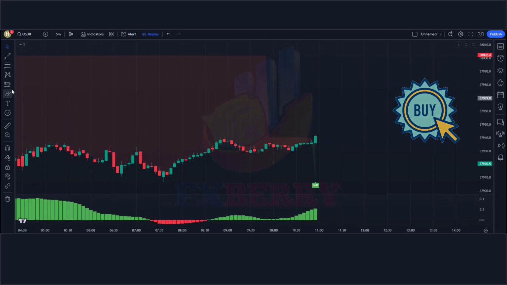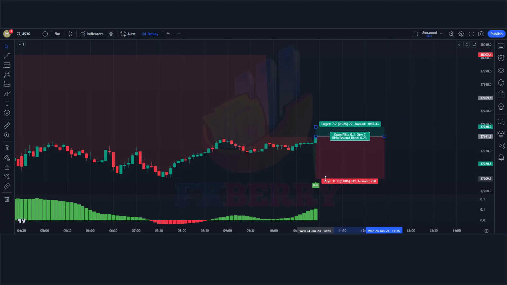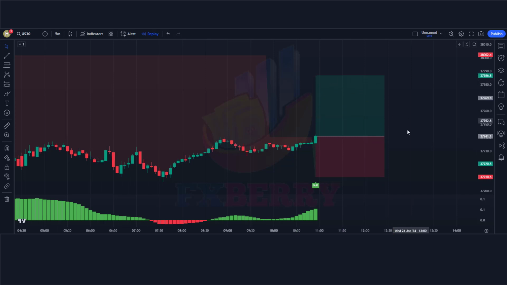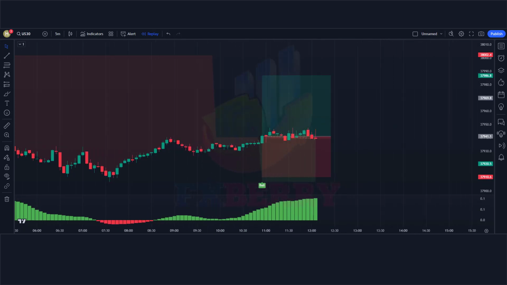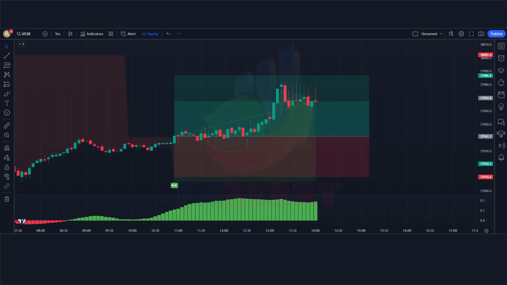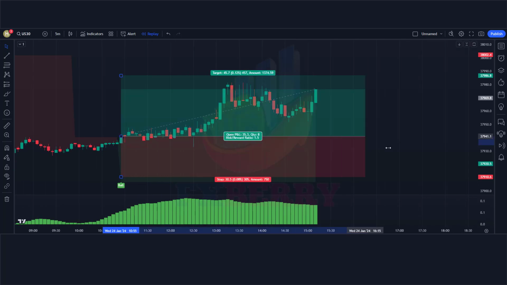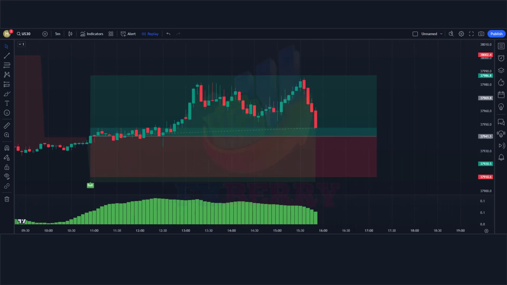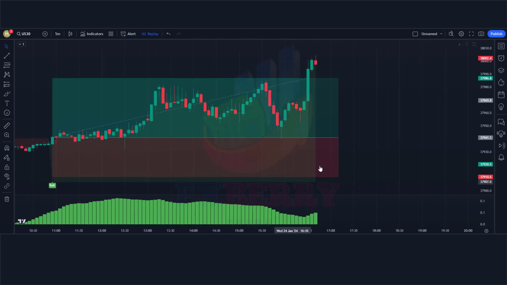If this condition is fulfilled, then we will place buy order. Our stop loss will be placed at the previous low of the market. And the risk to reward ratio will be 1:1.5. The market has completely hit the target.